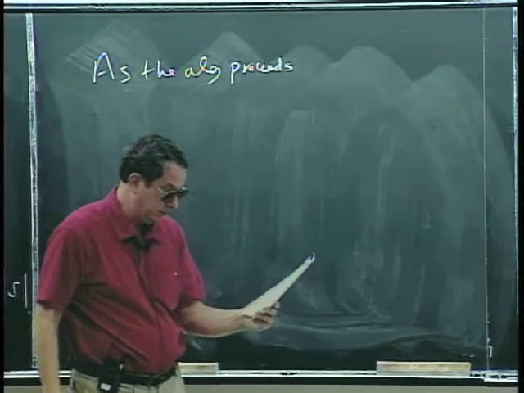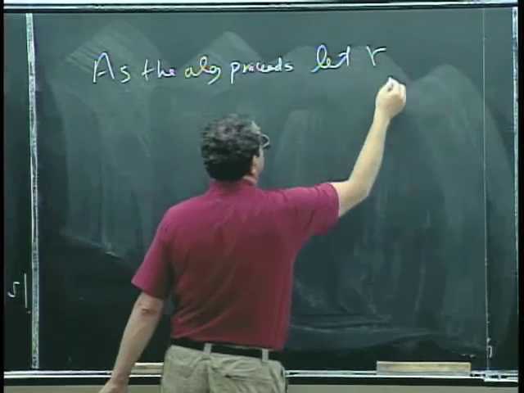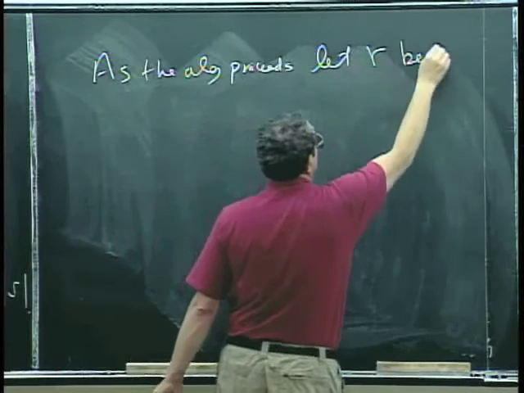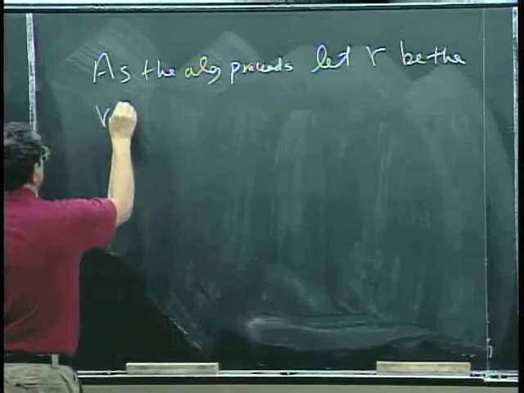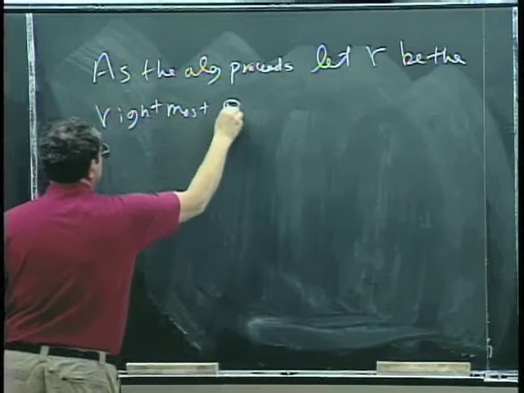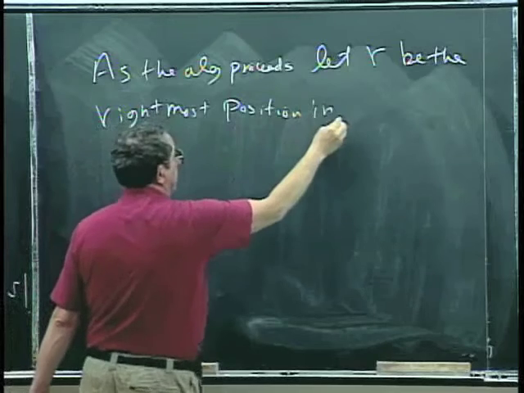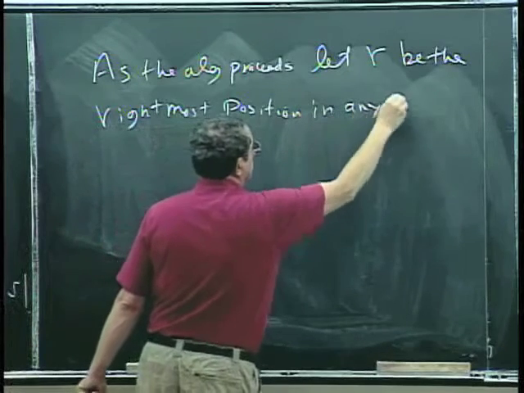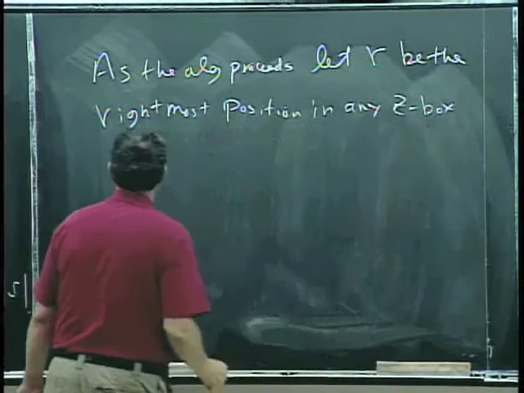The name of this variable is R. Let R be the rightmost position in any Z box found so far.